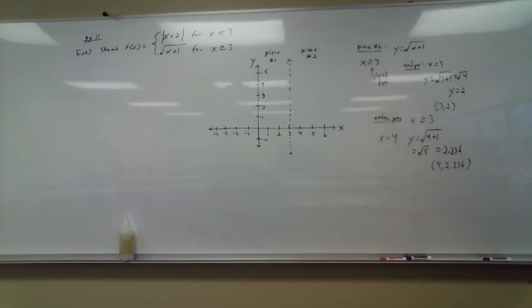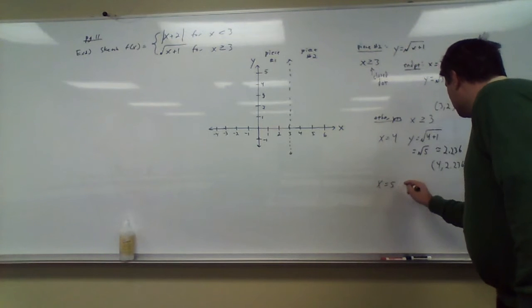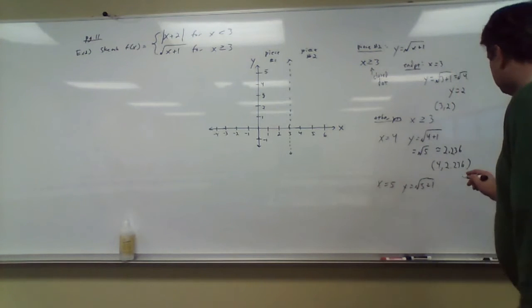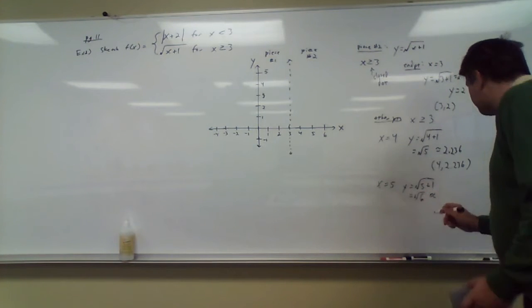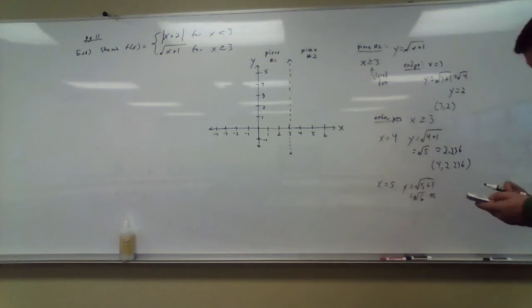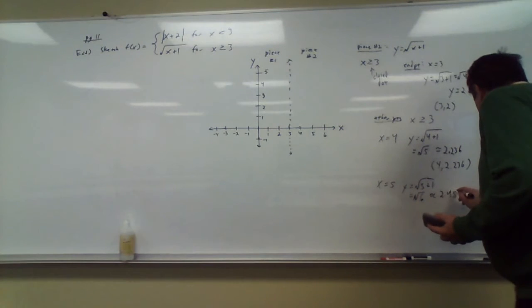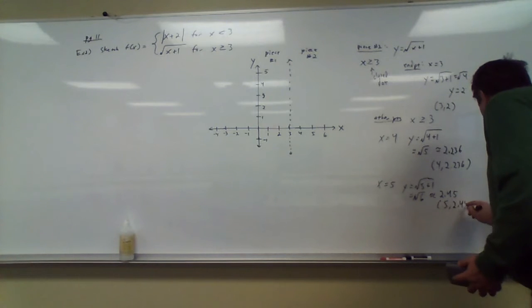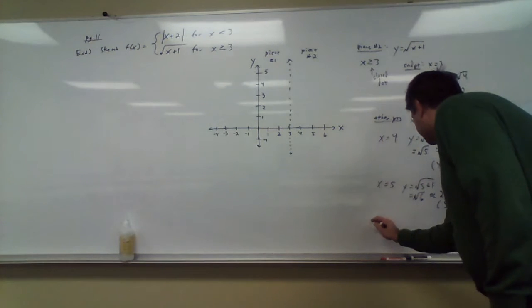Okay, so there's another point. Next we'll do 5. So y equals the square root of 5 plus 1, which is the square root of 6, which is approximately 2.45. So that's going to give me (5, 2.45). We can go ahead and plot these, but I'm going to hold off until we get this piece done.